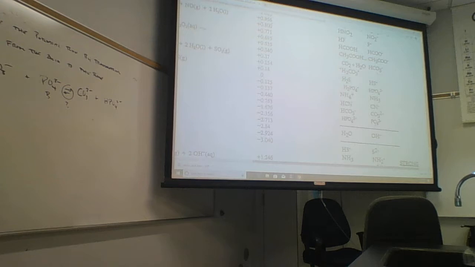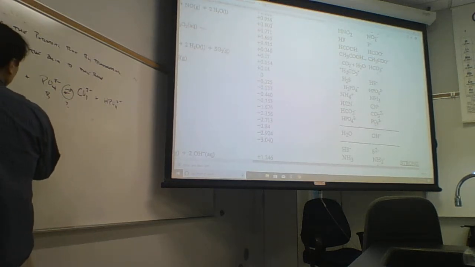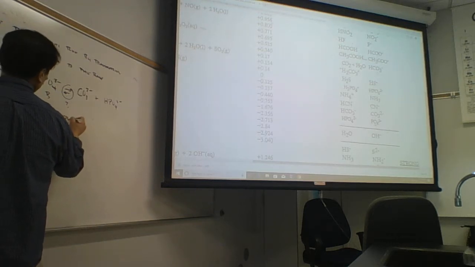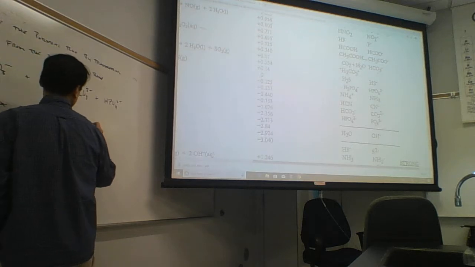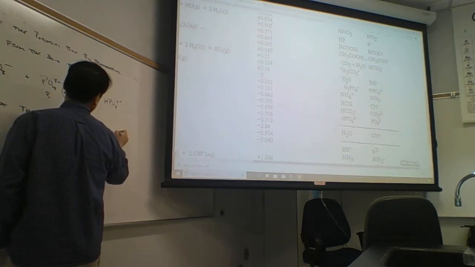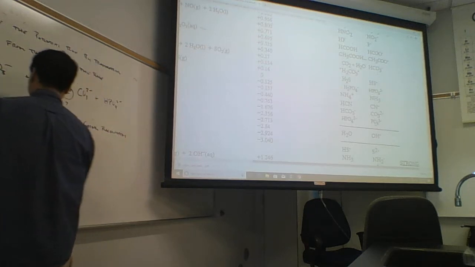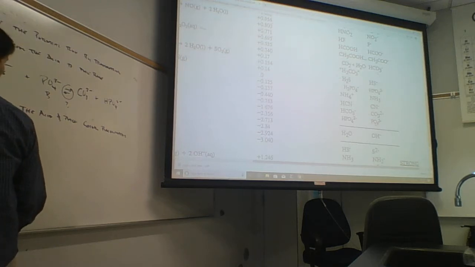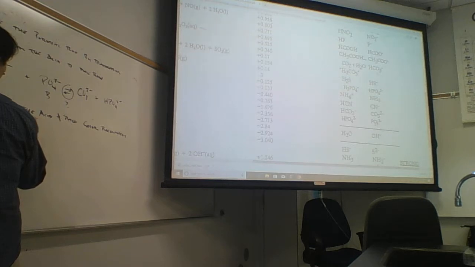Okay, 6. There really aren't that many steps. I'll just do them quickly, but I'm really breaking it down. Determine the acid and base going backwards.